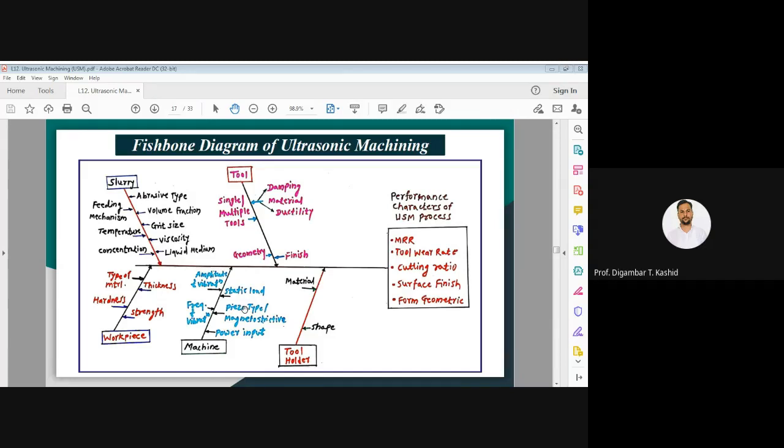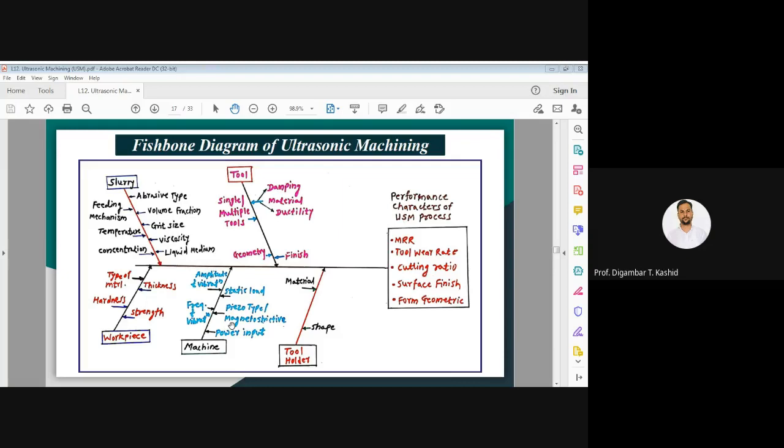Again, the frequency of vibration also affects the performance of your process. So under machine, these parameters we need to consider: amplitude of vibration, static load, type of transducer, frequency of vibration and power input to the transducer.